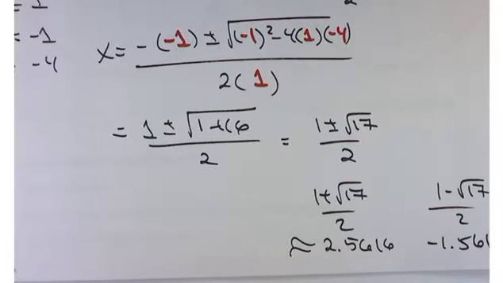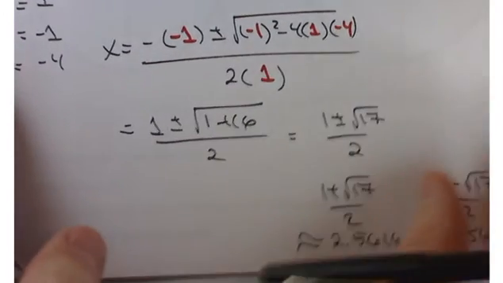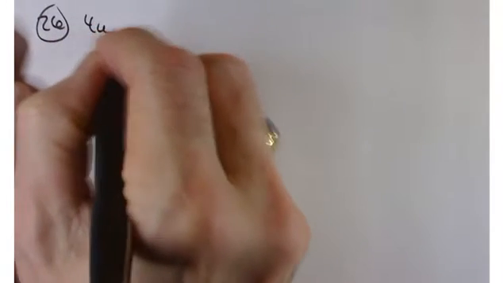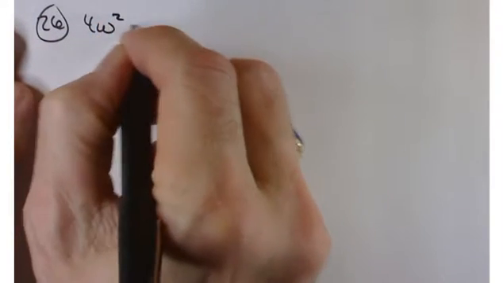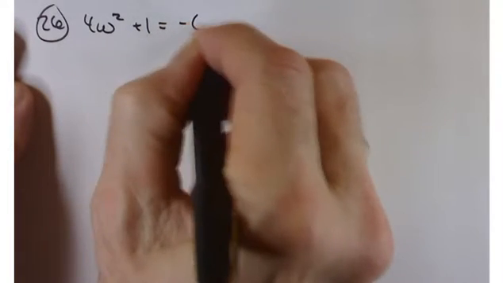All right, let's try problem number 26 then. For w squared plus 1 equals negative 6w.